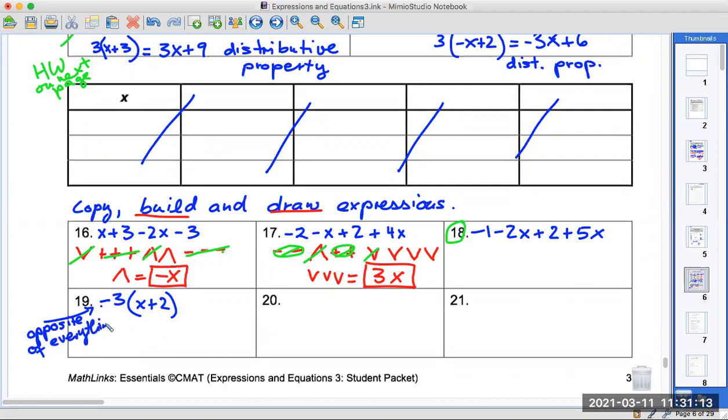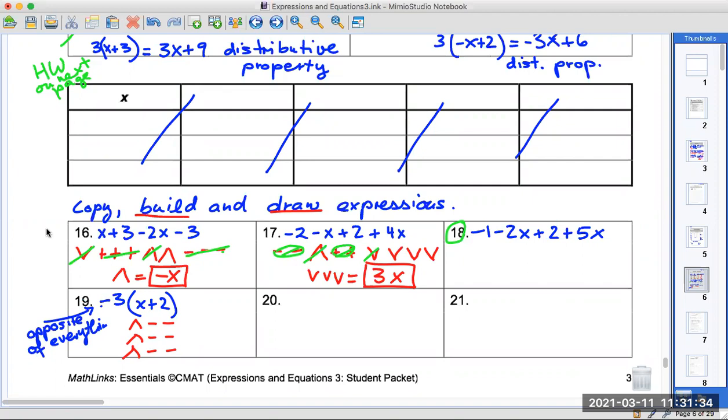So this negative out front, watch. Now instead of having a positive x, I have the opposite. This is an upside down and these two are going to be negatives. So I'm changing everything. That's what that negative does, right?